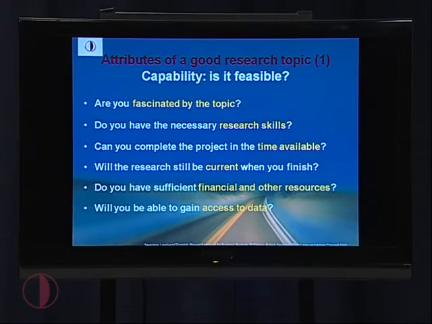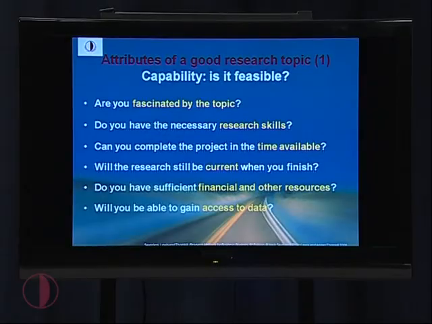Do you have the enough and necessary skills for doing research, which you need to acquire during this course? You need to complete your work by the end of the semester if you are doing the research for such a course, or for a master thesis within 2 or 3 semesters, or for a PhD dissertation, it may take a long time.